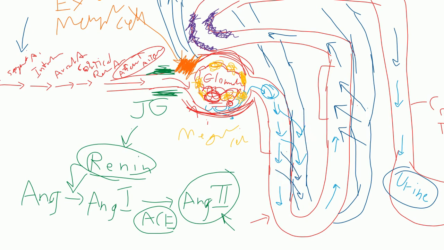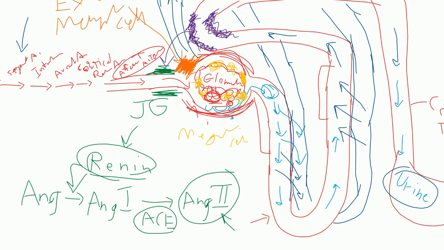So your macula densa, these guys right here, tell your JG cell, hey, you need to slow down the amount of GFR a little bit. Slow down the amount of this filtrate so that the cells in this area have more time to do the reabsorption.